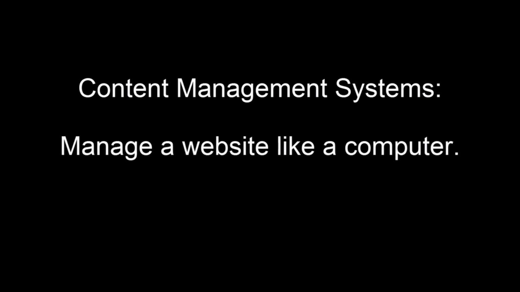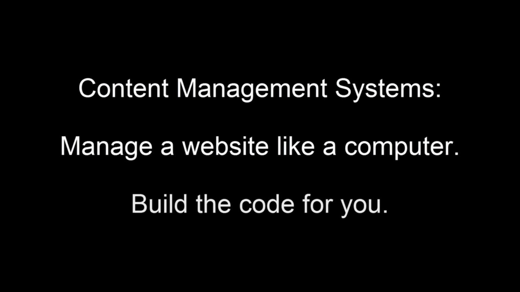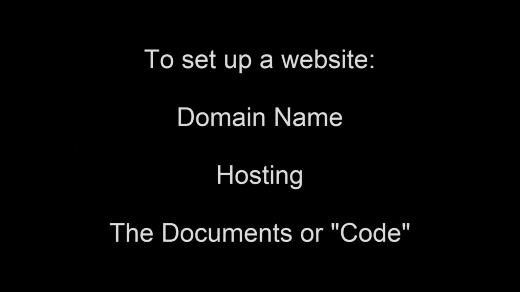To help build and manage websites easily, many people use programs called content management systems. Content management systems basically manage a website the way the operating system on your computer manages your computer for you. And they are nice because they allow people to build a website without actually having to build all of the code by hand.